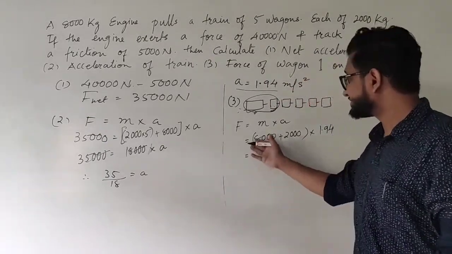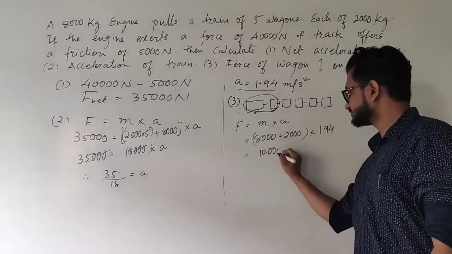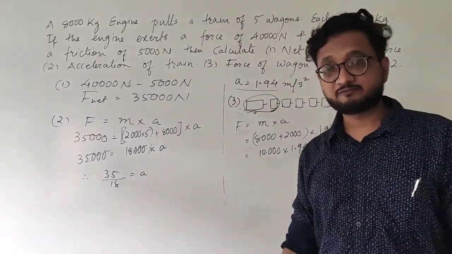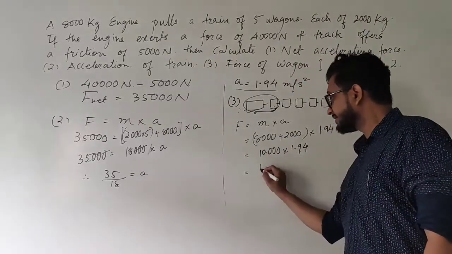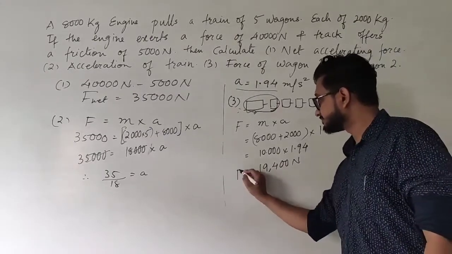Solving this, 8,000 plus 2,000 is 10,000. 10,000 into 1.94, and when you multiply it, you get 19,400 newtons.